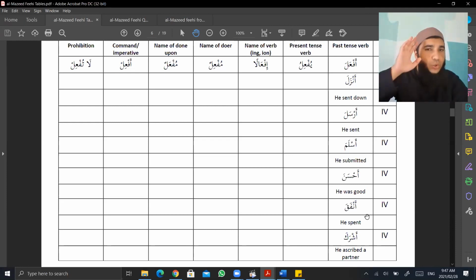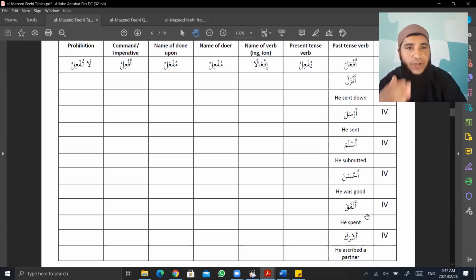So what you really need to do is get your tongue used to saying the scale. فعل يفعل تفعيلا مفعل مفعل فعل لا تفعل. فاعل يفاعل فعالا مفاعلة مفاعل مفاعل فاعل لا تفاعل. أفعل يفعل إفعالا مفعل مفعل أفعل لا تفعل.